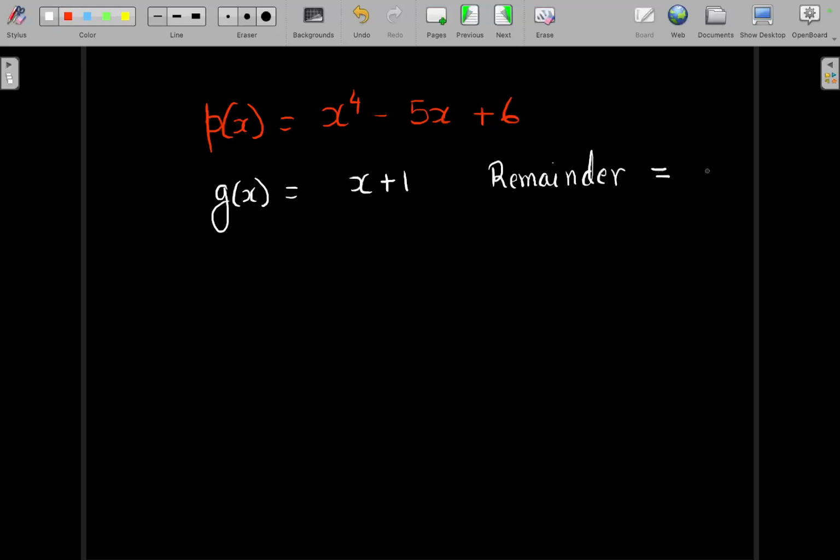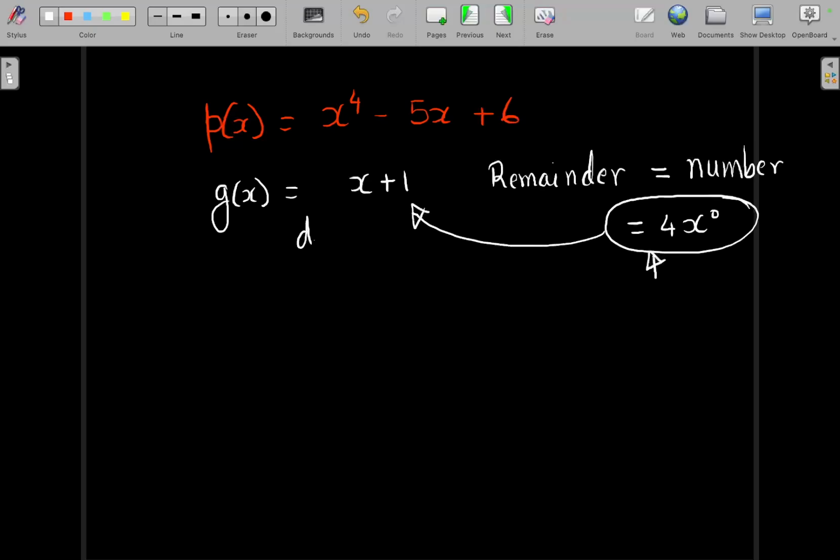The remainder is going to be a number because we want a polynomial of degree 0. So whatever that number is, let us say 3 or 4 or 5, can be written as 3 into x raised to 0, and this I have told you before is a polynomial of degree 0, and we need a polynomial of degree 0 if we are dividing by degree 1.